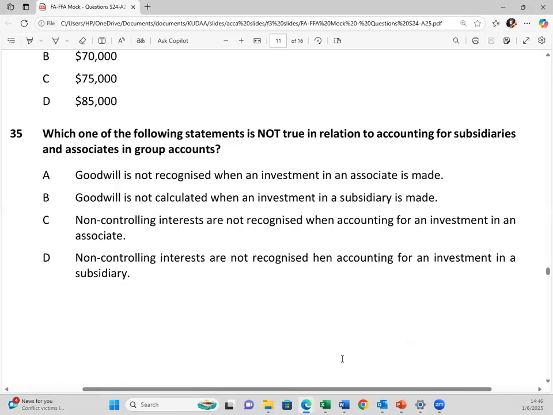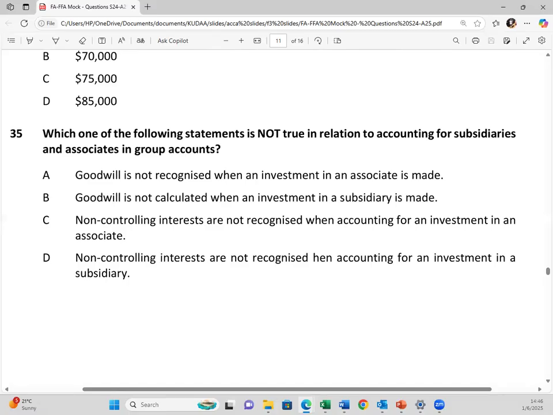And an associate is where we have significant influence, but no control. So a subsidiary, we have control, but an associate, we have a significant interest, but not a controlling interest.